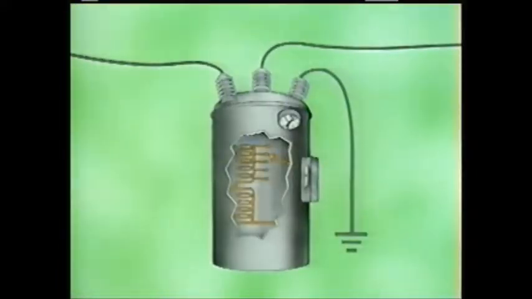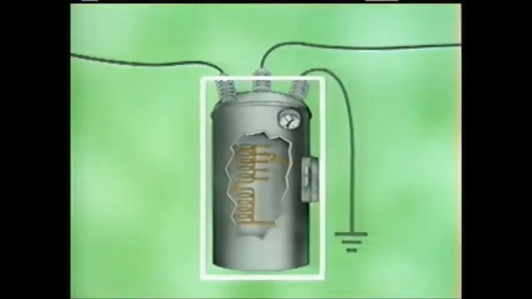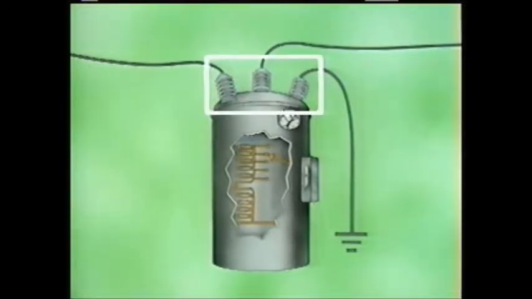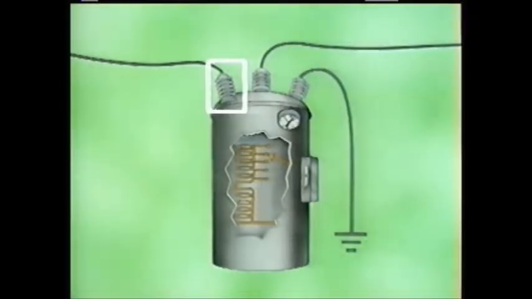This simplified diagram illustrates what a typical voltage regulator looks like. The electrical components are contained inside a cylindrical housing that is usually longer than the housing on a typical distribution transformer. On the top of the housing are 3 bushings. This bushing allows the primary lead from the distribution line to connect to the primary winding.